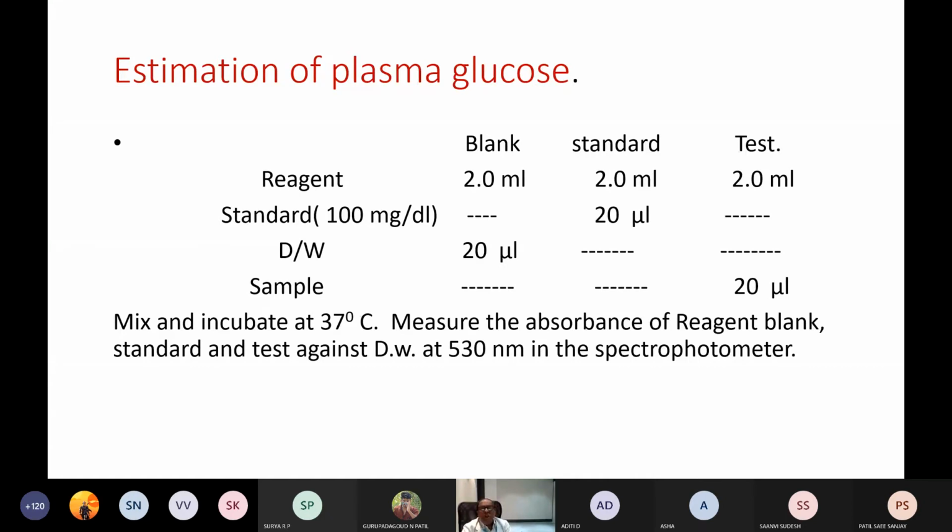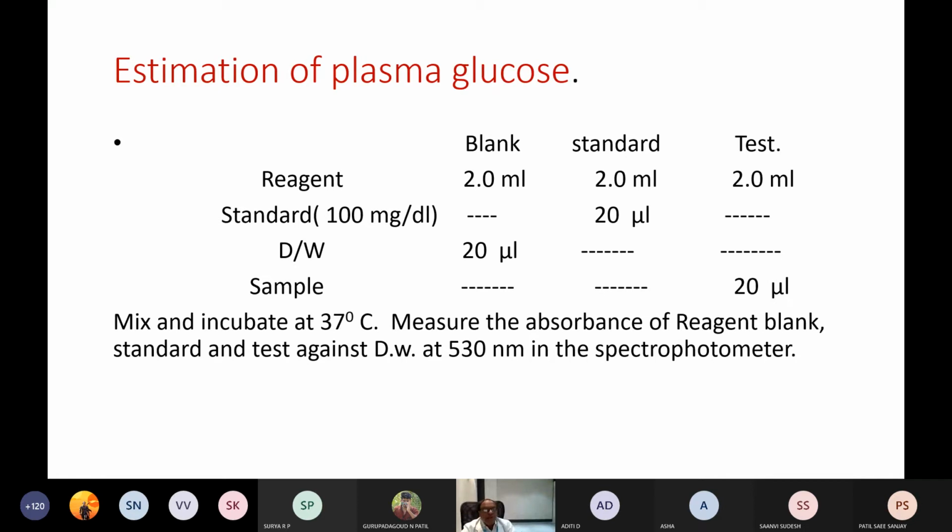You add 2 ml of that reagent in each of them. Take one standard which is of known value, here 100 milligram per deciliter, and add only 20 microliter in only the standard test tube.